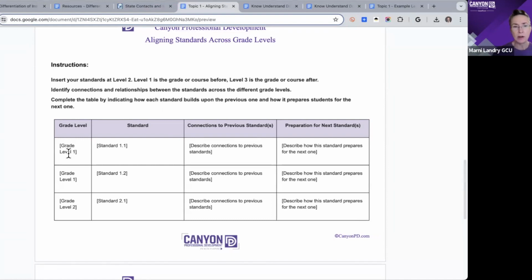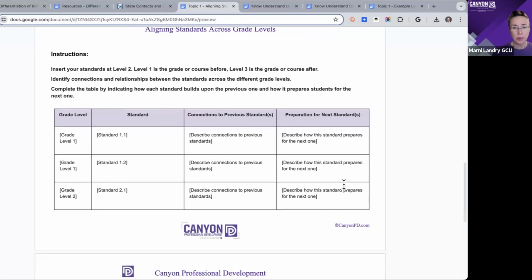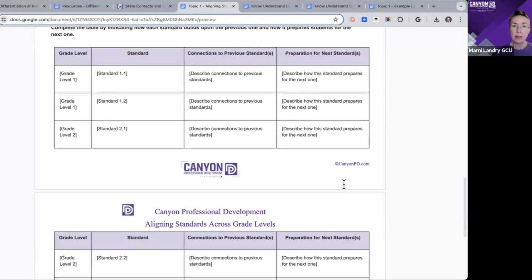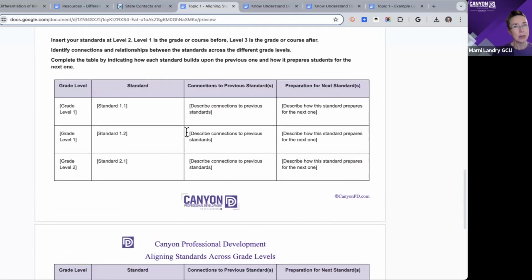So you have to be really careful. I'd like you to choose the standard, find the supporting standard, and then the next standard in the next grade level. Take the time to describe how it relates to the previous standard, and also how it prepares students for the next one. This might take a little bit of time, so please pause the video and come back to me when you're ready.